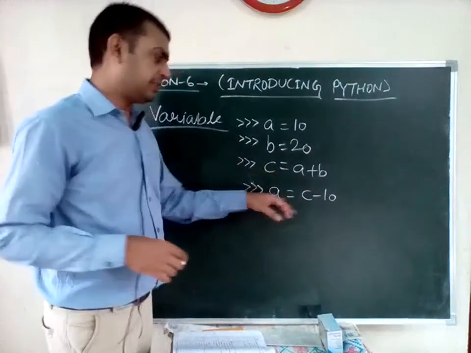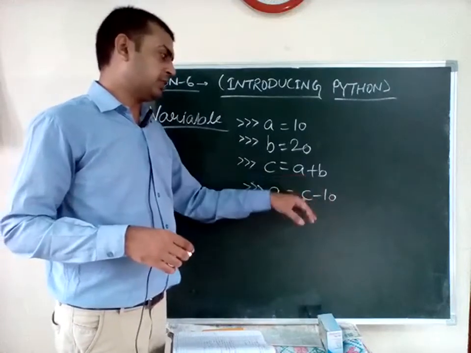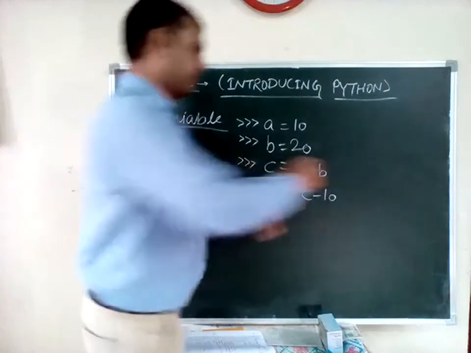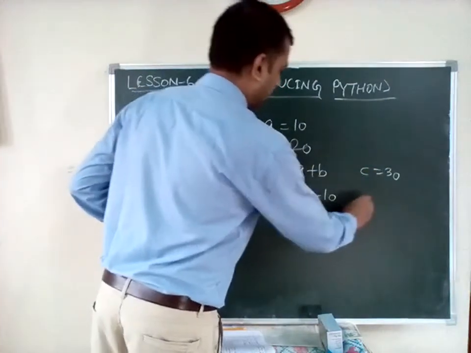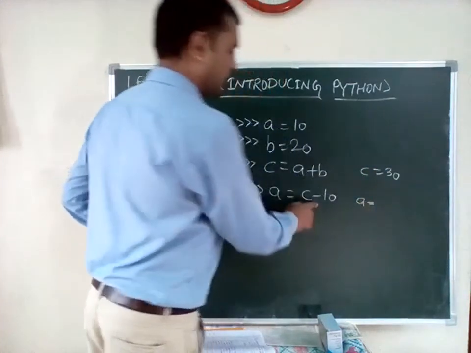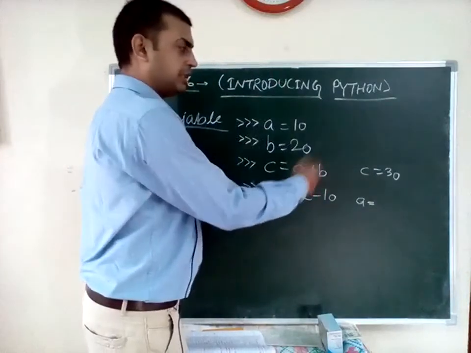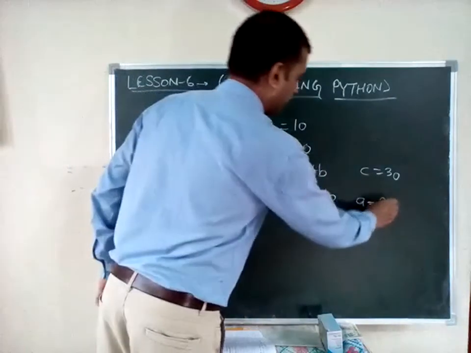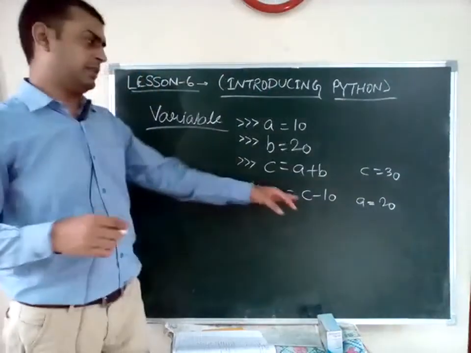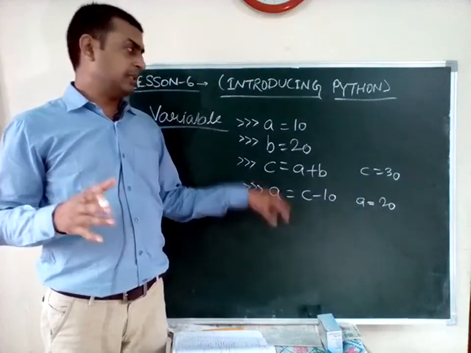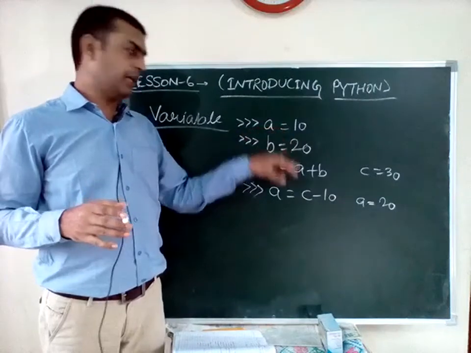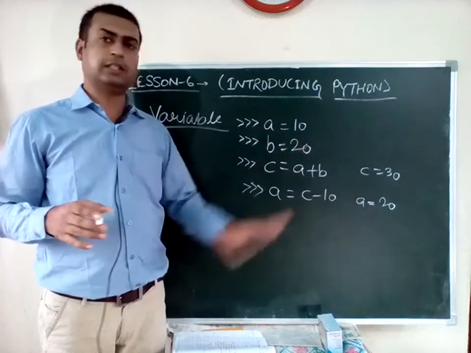Now a is equal to c minus 10, so what is c? c is 30, and a equal to c minus 10 means 30 minus 10, so a will be 20. Now you can see here a is 10, after execution a is 20.